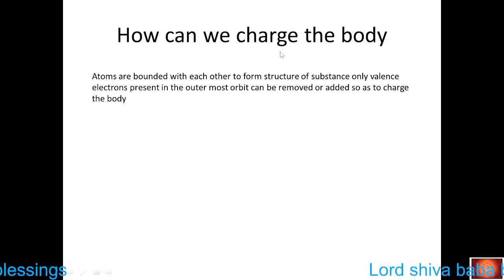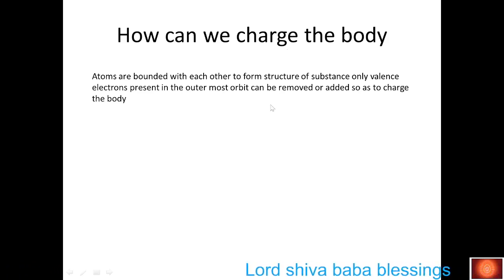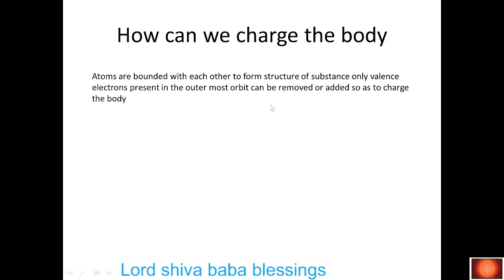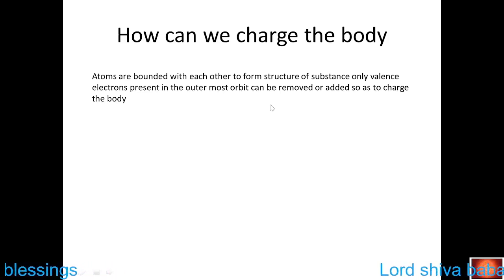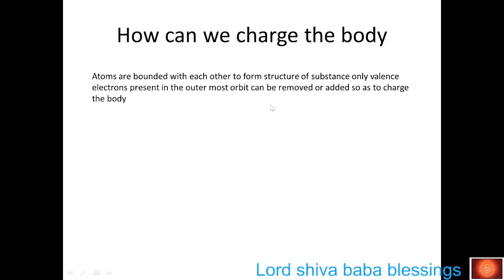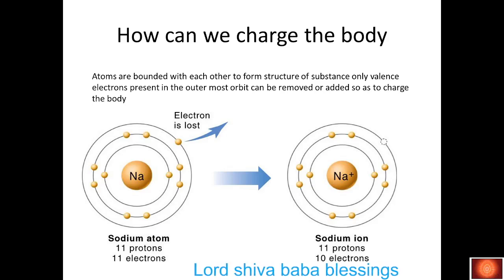So we can charge the body either by removing electrons or by adding electrons. In other words, by adding negative charges we make the atom negative, and if we remove the negative charge, automatically it becomes positive. So look over here.